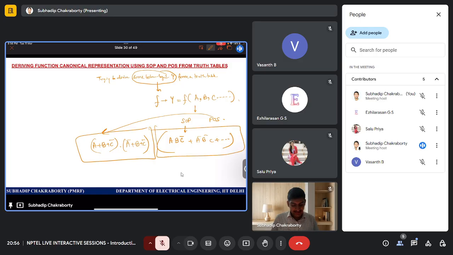So what I mean by the canonical form is, in both SOP and POS, I should have A, B, C, that is, all the literals present within individual terms.